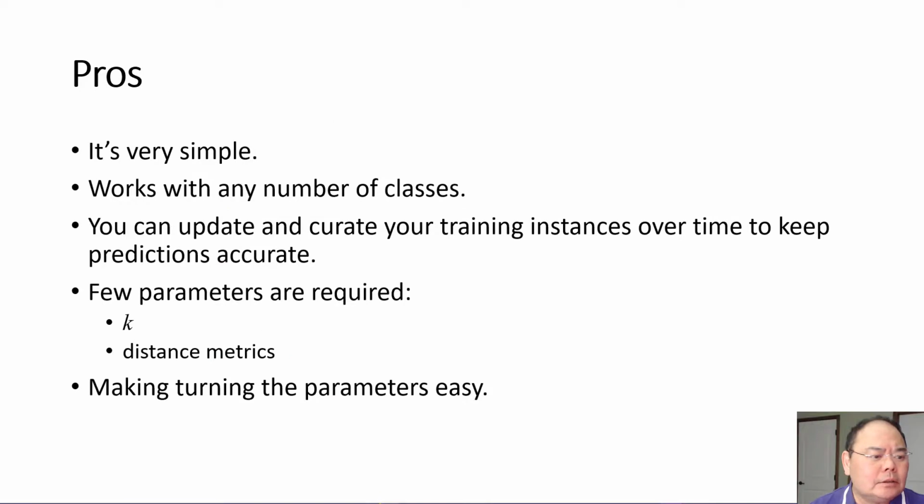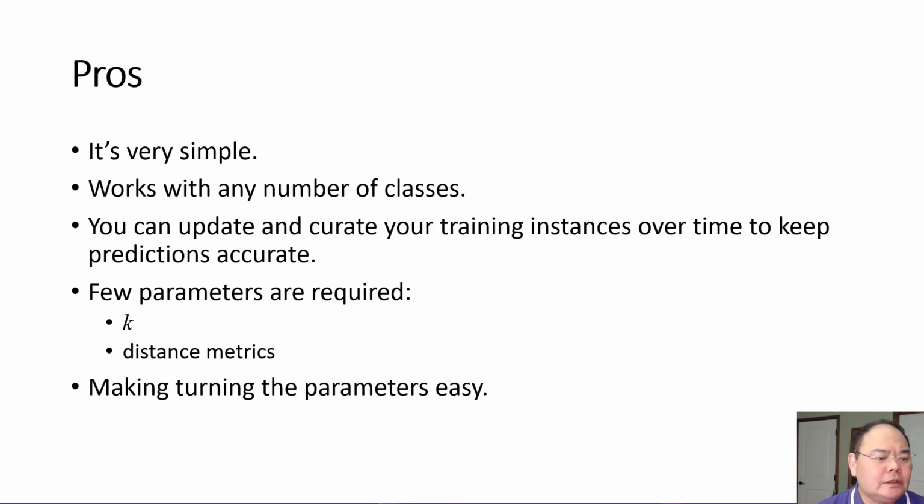Okay, so let's quickly summarize the pros and cons of the k-nearest neighbor algorithm. It is very simple, and in the training phase you don't do anything, you just store all the data in your data set. It works with any number of classes, it can be binary classification, or several classes.